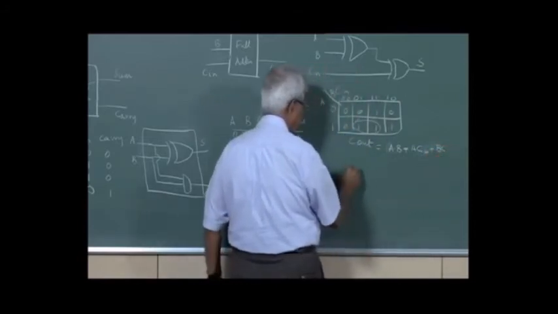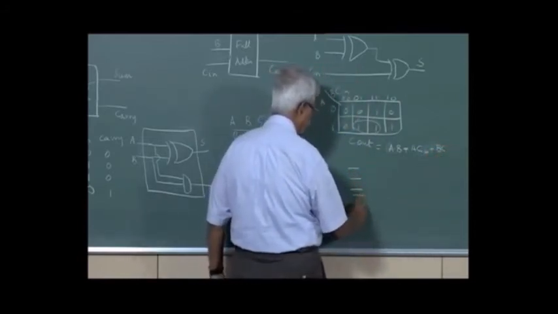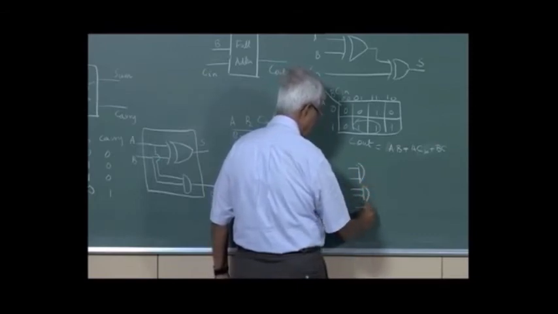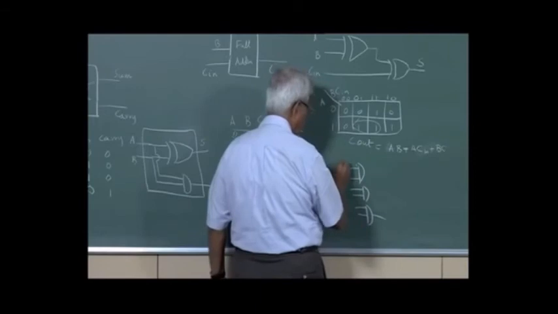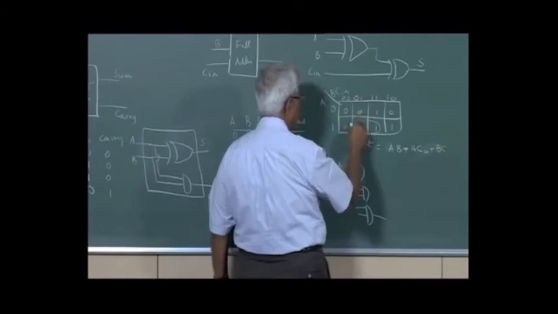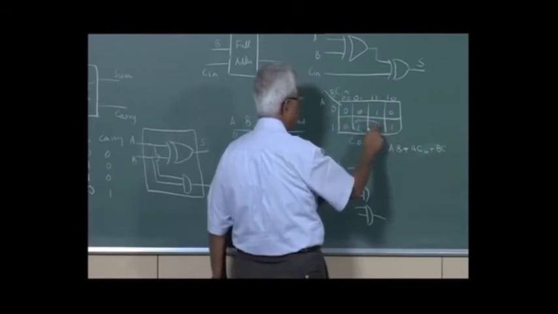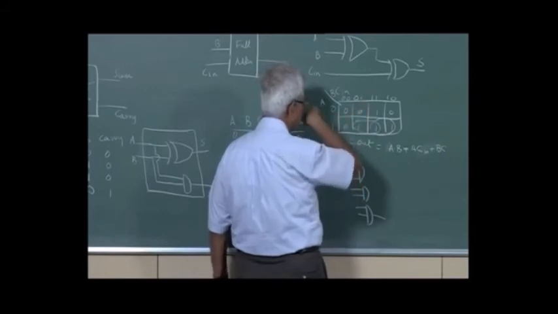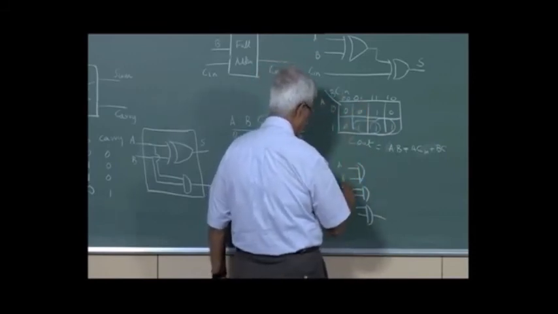So that means I have 3 AND gates: AB, AC in, BC in.